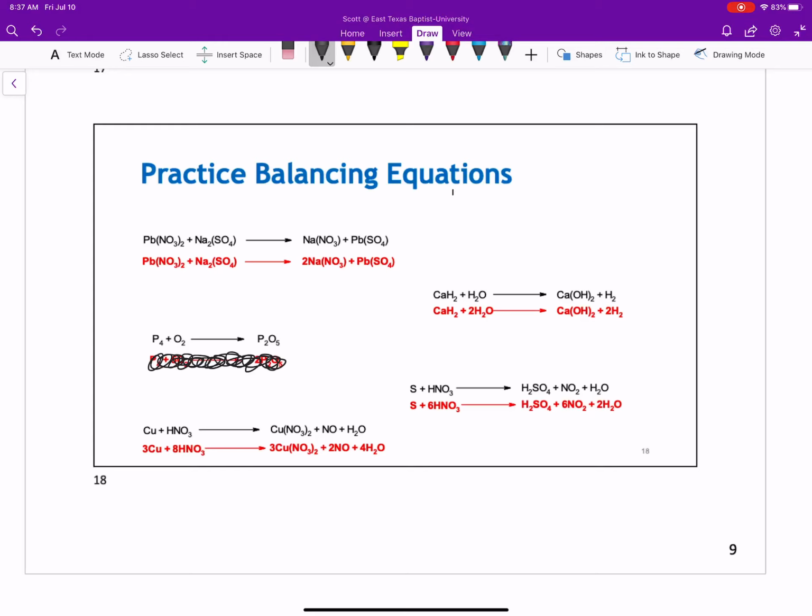And so I always start with drawing left and then right, just to keep tally of where I'm at. On the left-hand side, we have 4 phosphoruses and 2 oxygens. On the right-hand side, we have 2 phosphoruses and 5 oxygens. And though this one looks trivial, it's a little bit more tricky than the other one, just as to how to get started.